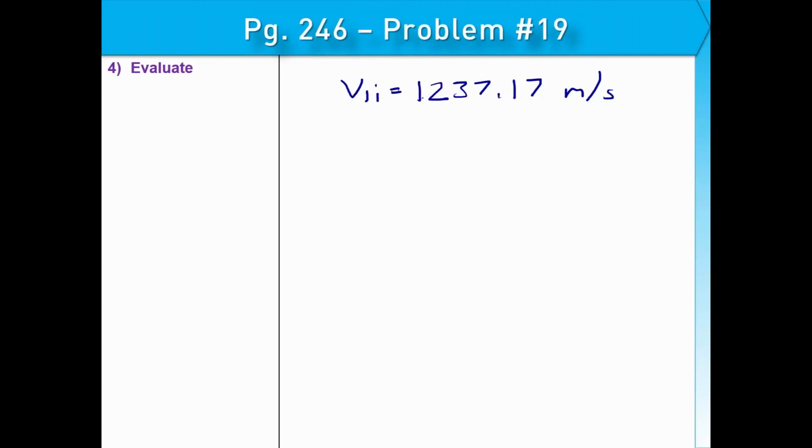In this case, 1,237.17 meters per second seems rather large, but it makes sense because it's a bullet. As long as it's not too small, like 5 meters per second, and it's not too big, like 1,000,000 meters per second, your value will check out. So in this case, 1,237.17 meters per second checks out.